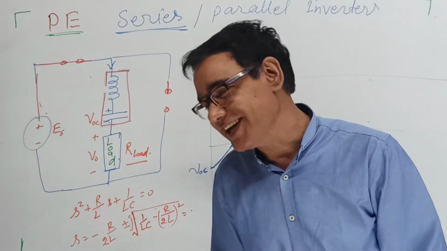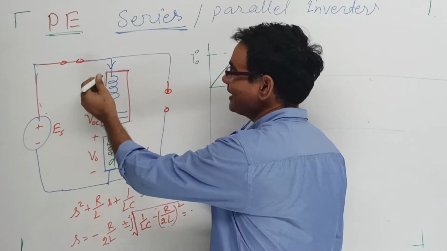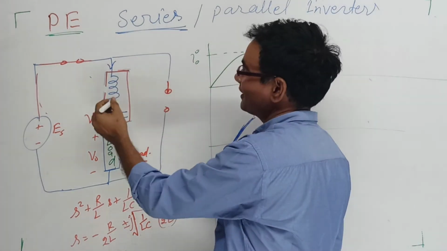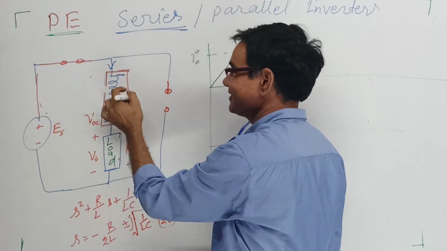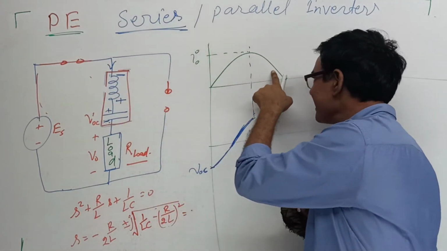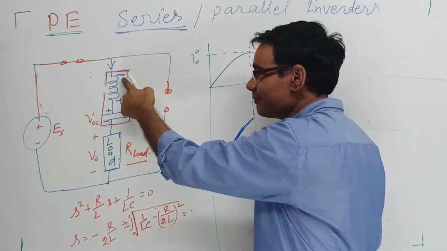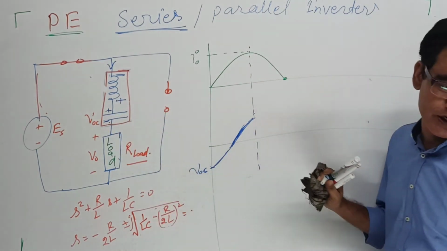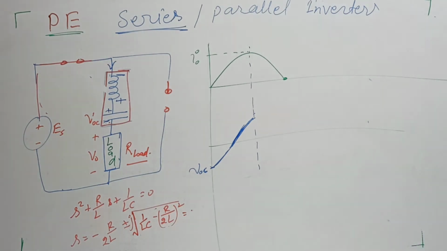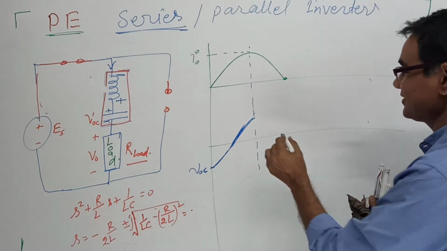As the current is getting down, this inductor produces a voltage. Due to that inductive voltage, the voltage across the capacitor increases.